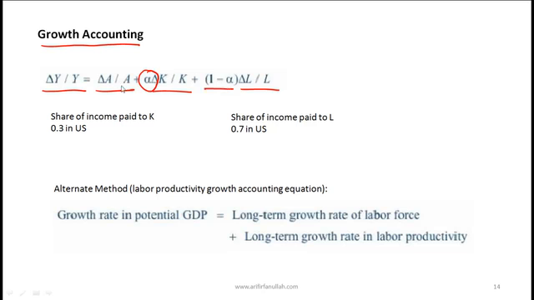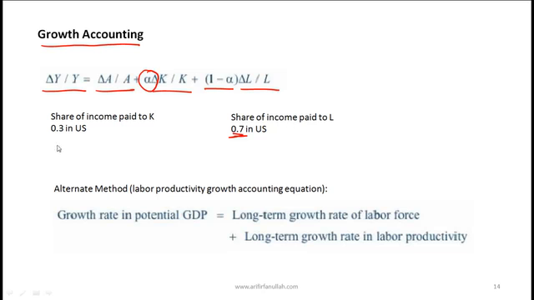As we discussed earlier, alpha represents the share of income paid to capital. In the US, it is 0.3, and since alpha is 0.3, 1 minus alpha is 0.7. This is the share of income which is paid to labor.